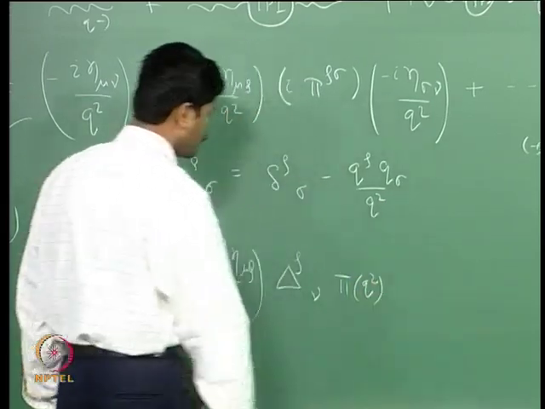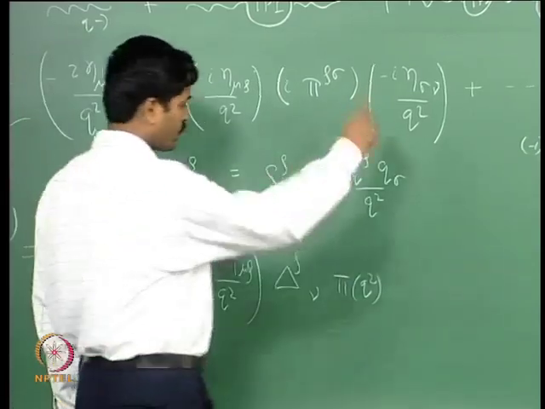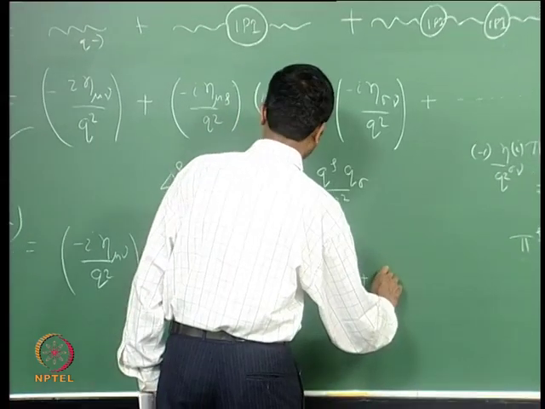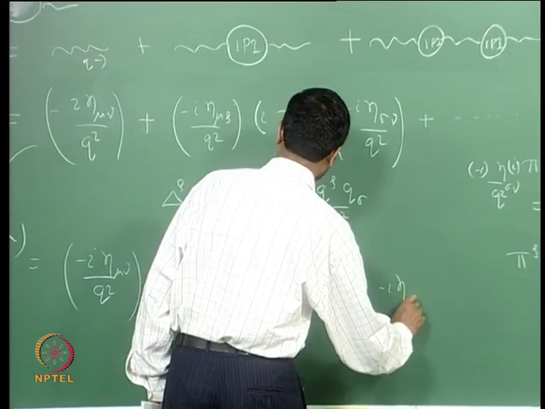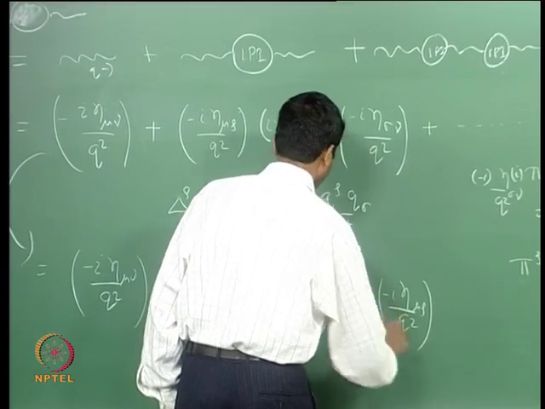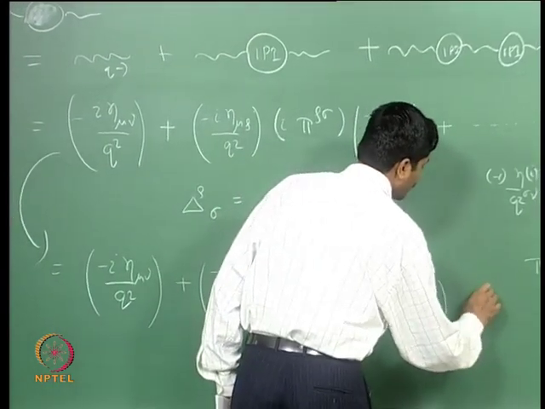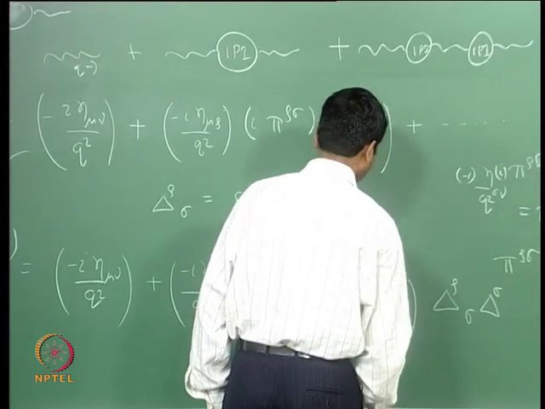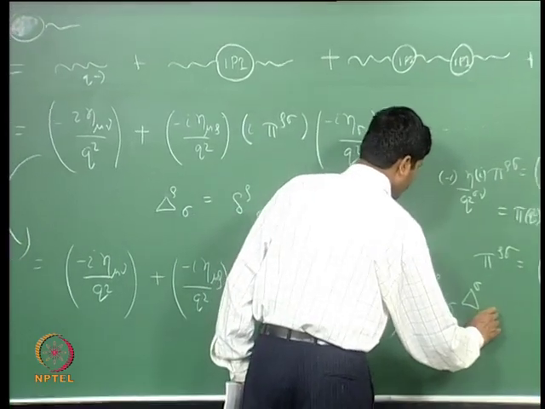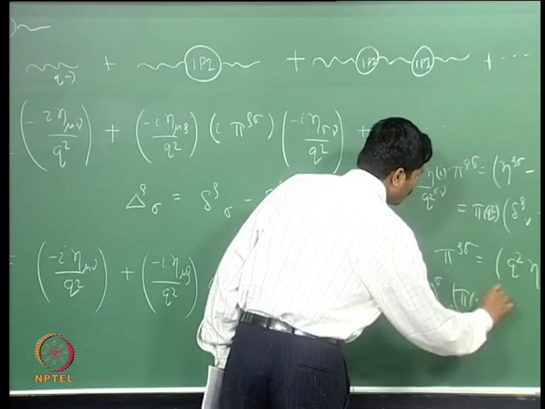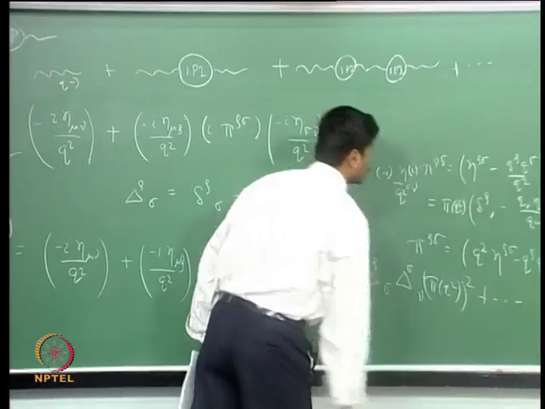q square. The next term will again involve 1 minus I eta mu rho divided by q square. Then you will have delta of rho sigma, delta of sigma nu, pi of q square whole square, and it will continue.